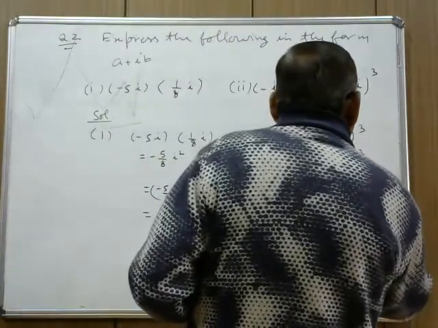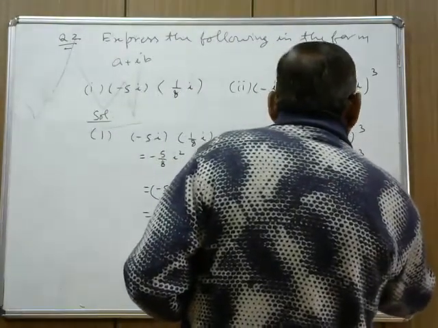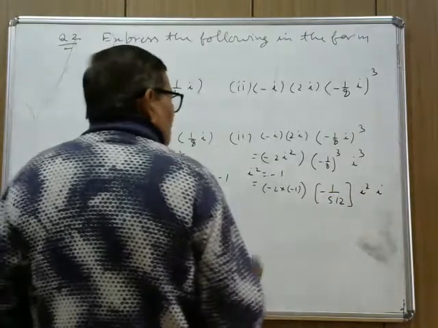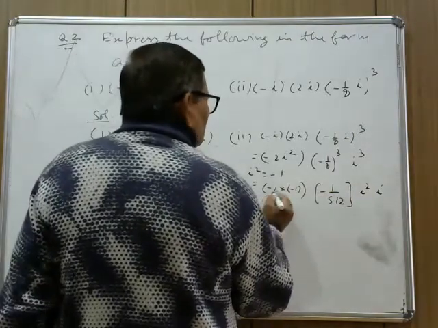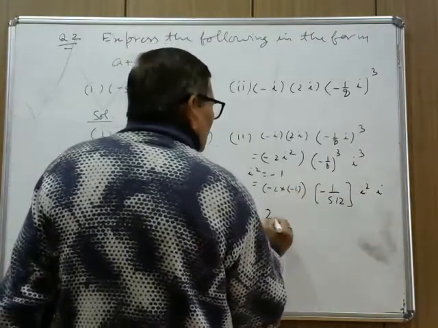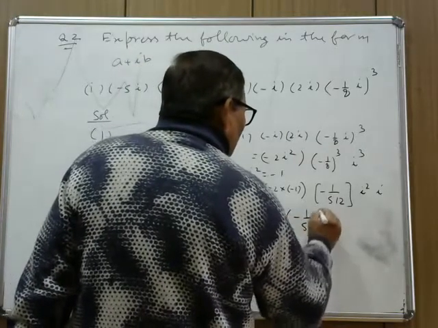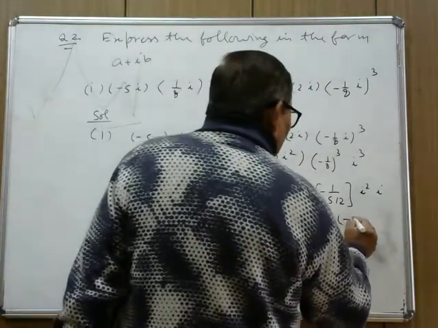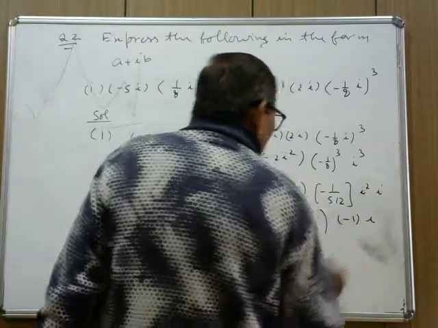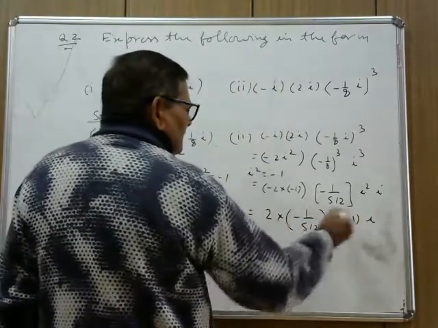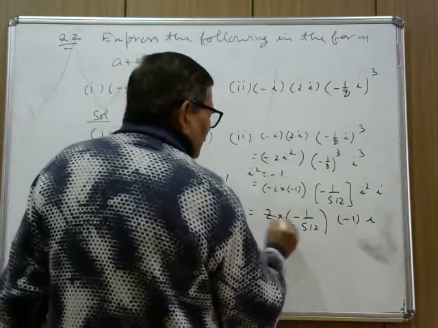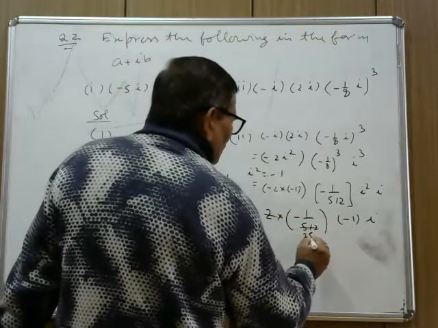Then i cube can be written as i square into i. Again you put i square equal to minus 1. Minus 2 into minus 1 is plus 2, multiplied by minus 1 upon 512, then minus 1 into i. So this result becomes plus, and when you cancel, it is 256.